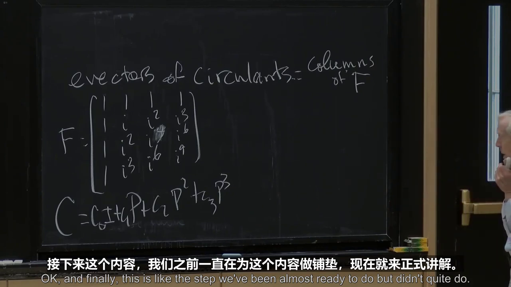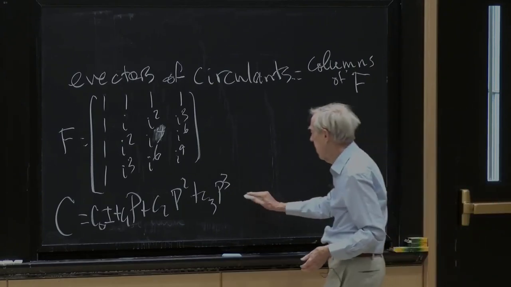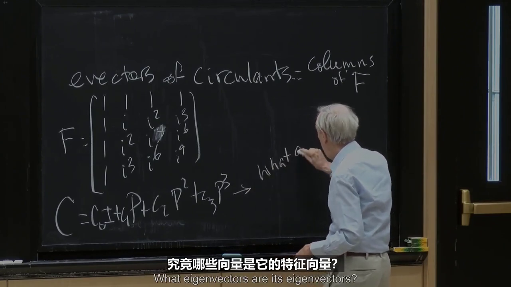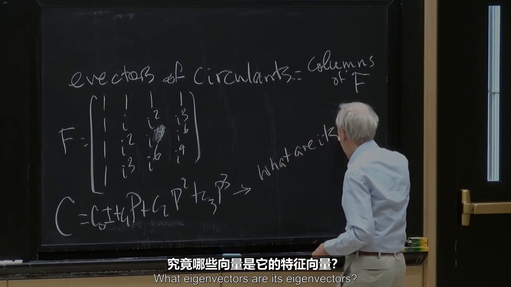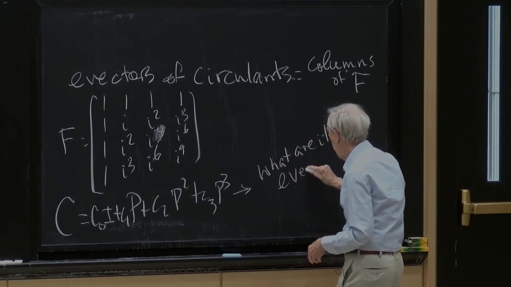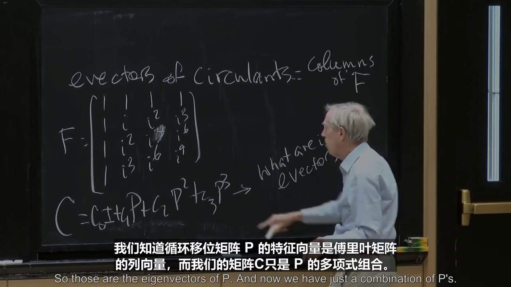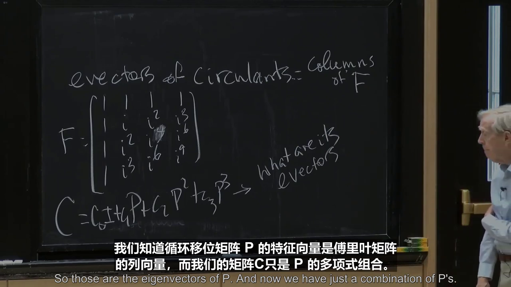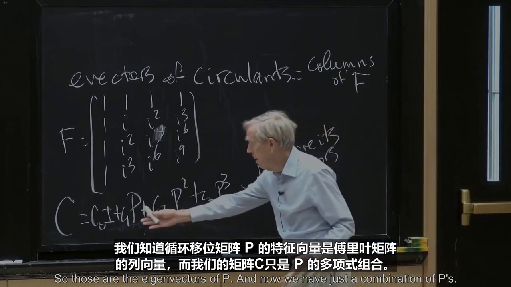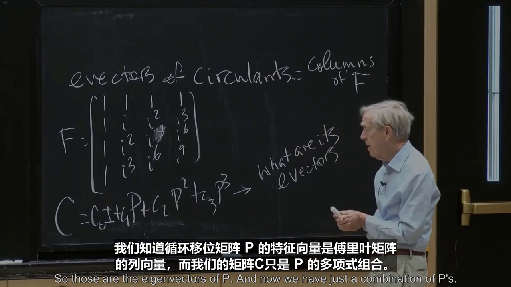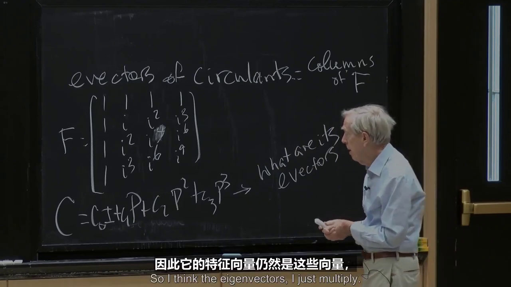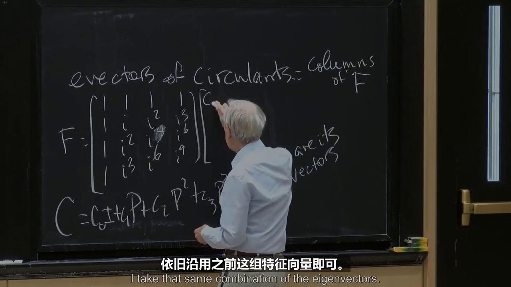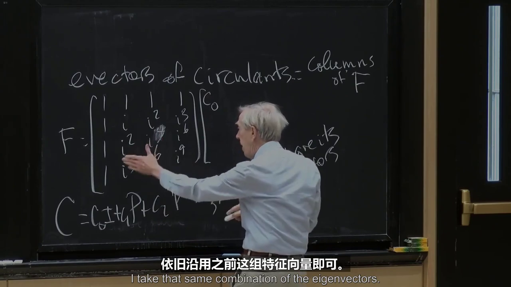What eigenvectors are its eigenvectors? Those are the eigenvectors of P, and now we have just a combination of P's. So I think I just take that same combination of the eigenvectors.